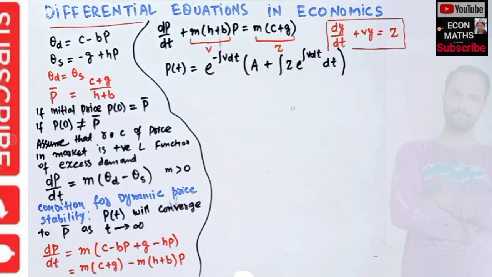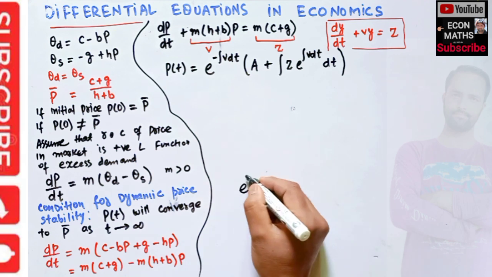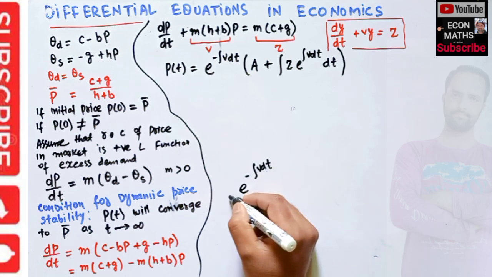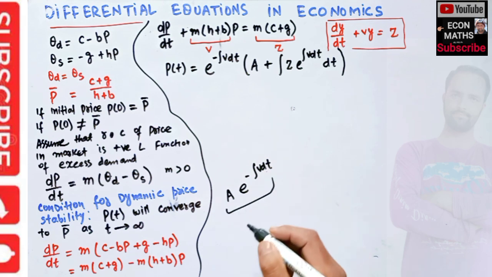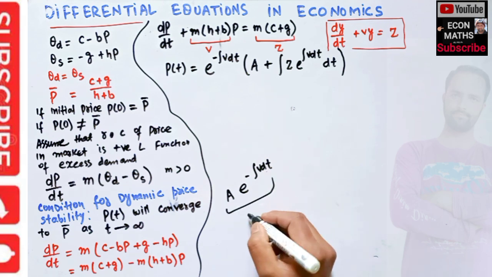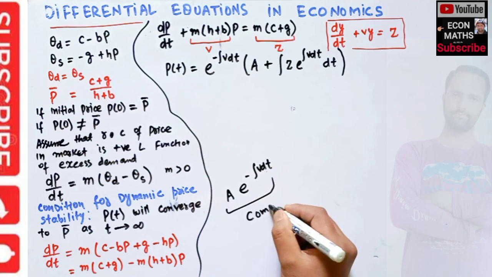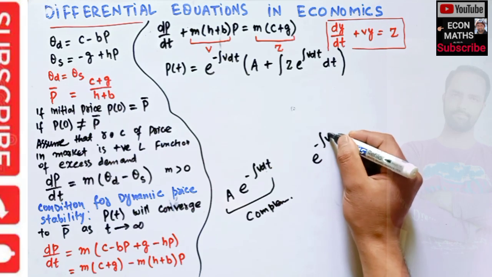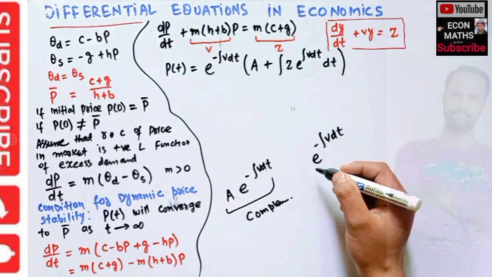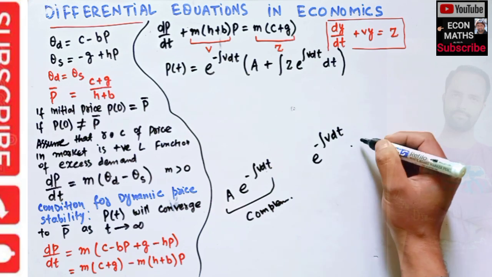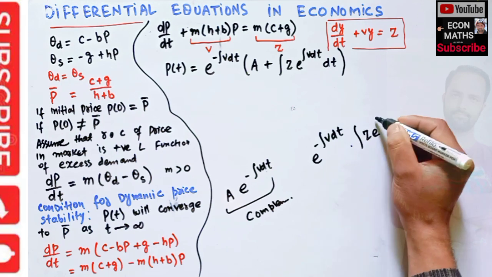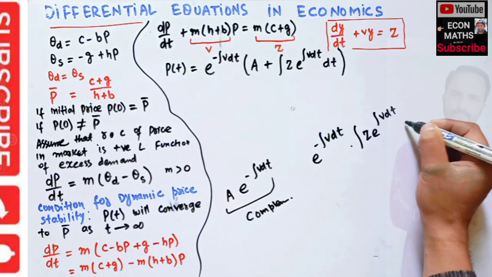Now here, and let me write it here, this e raised to the power minus v dt times A, this thing is called the complementary function, and this e raised to the power minus v dt times this z e raised to the power v dt dt.